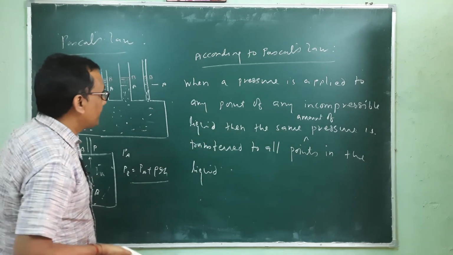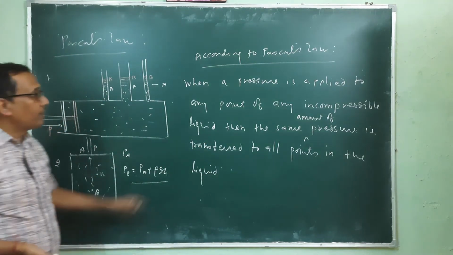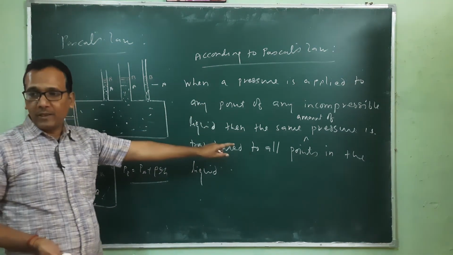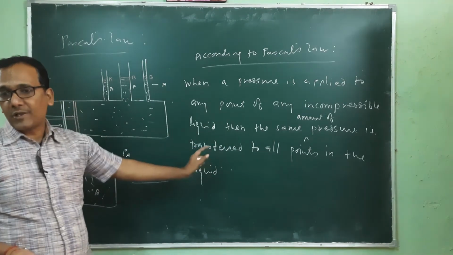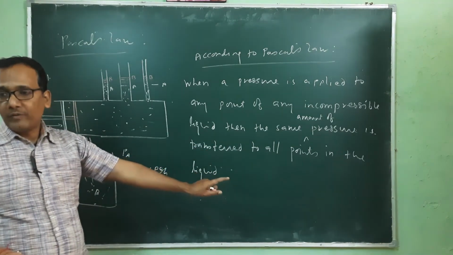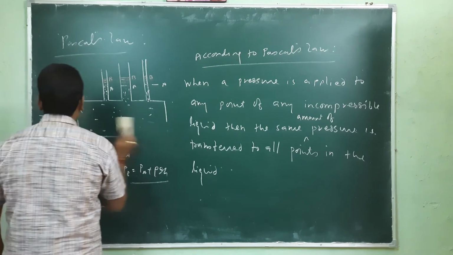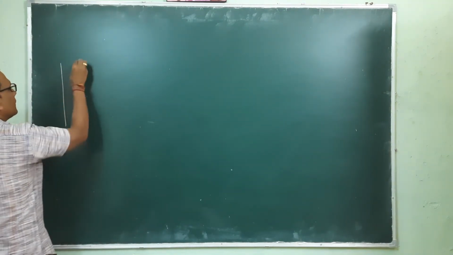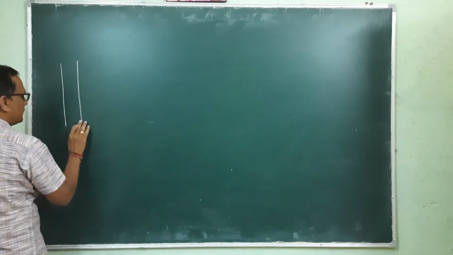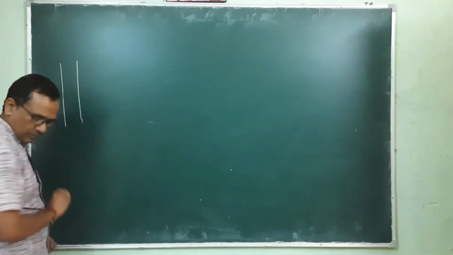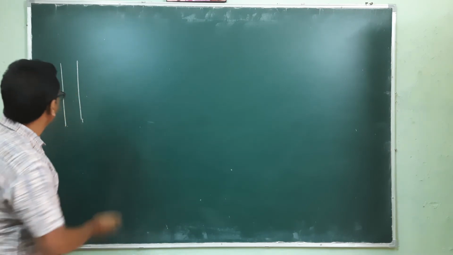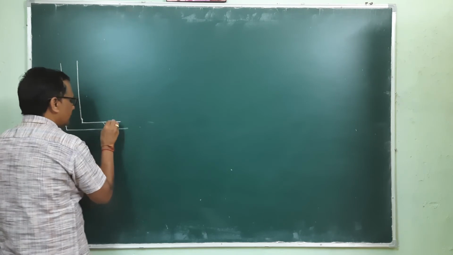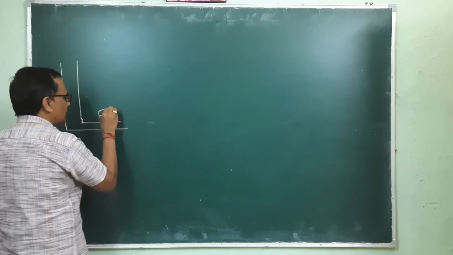According to this Pascal's law, when we apply any pressure to any point of an incompressible liquid, that pressure is transferred to each and every point with the same amount. So this is Pascal's law. This is a simple hydraulic gas. This is the wall.